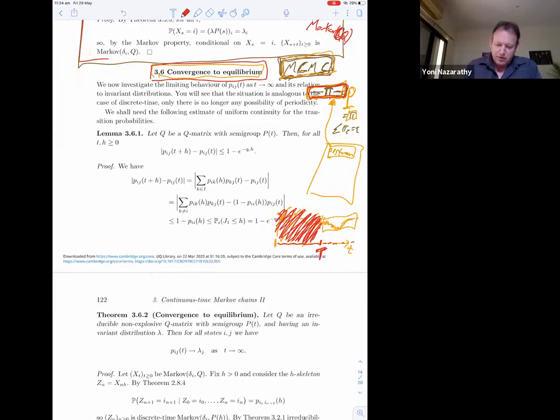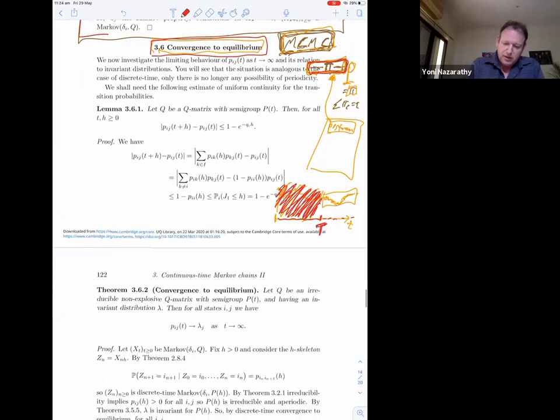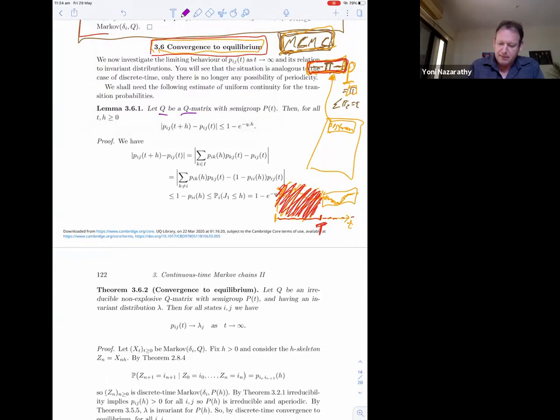Okay, so we start with this lemma, in a section we're skimming through. You've got a Q matrix with semi-group P of t. You can just treat that as P of t is e to the power qt, if this thing exists. Then this means you have a uniform bound on the decay after h time units, which is exponential with the rate of qi.